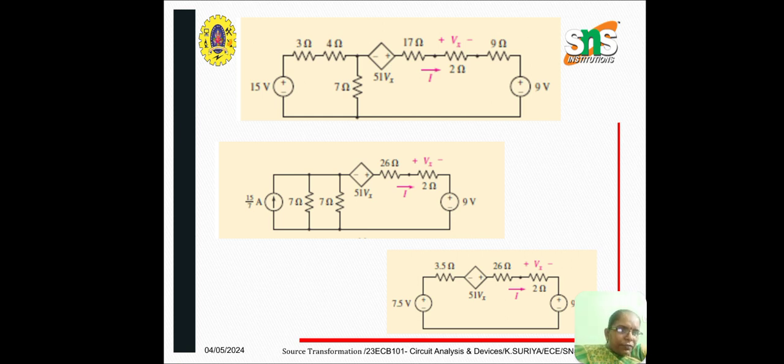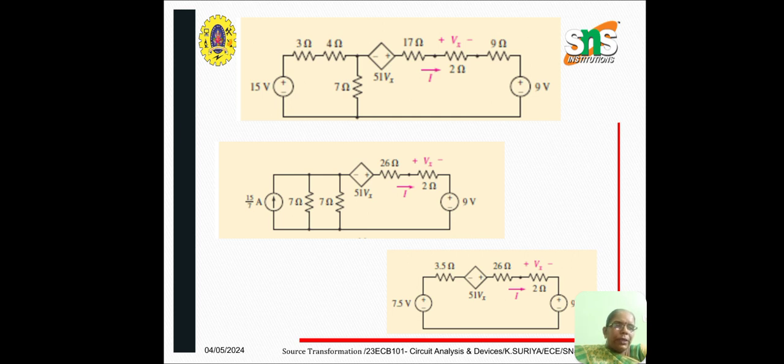So from this figure we can say that Vx is equal to I into R. So Vx is the voltage across the 2 ohms resistor. So I into 2, that is 2I. Vx is equal to 2I.